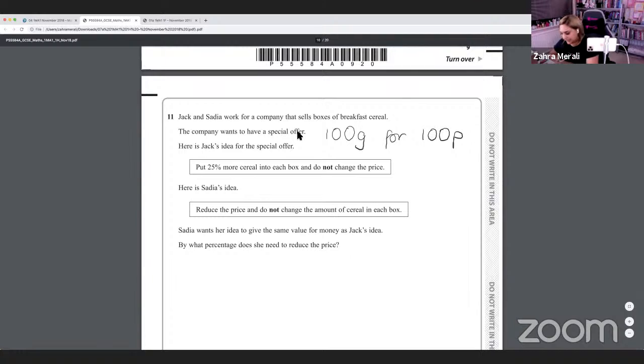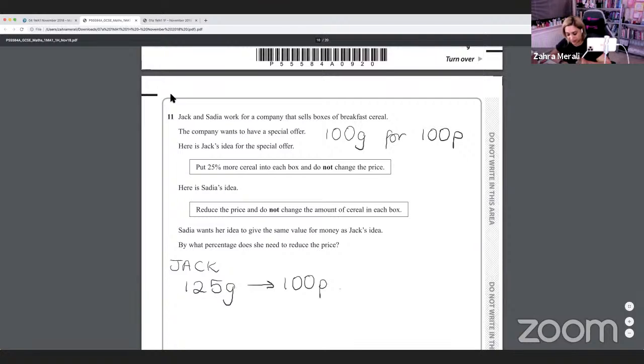So that's what it originally is. I've just made up those numbers. I've chosen numbers that make it easy. So for Jack, he's putting 25% more in. Now remember, 25% of 100, that's just saying he's chosen 125 grams and he hasn't changed the price, so he's still charging 100 pence.